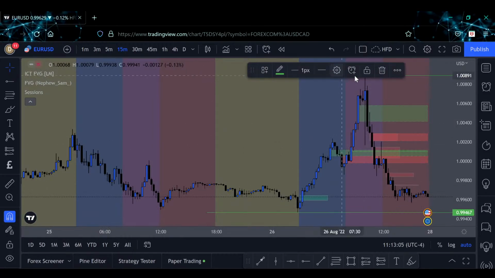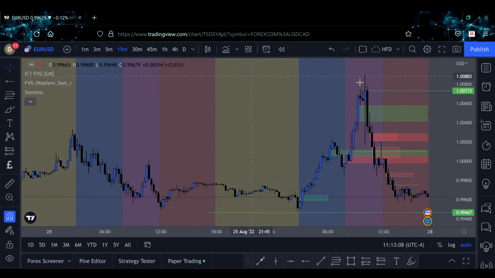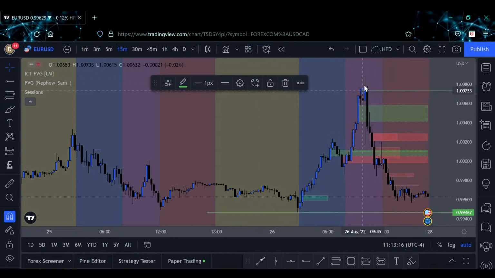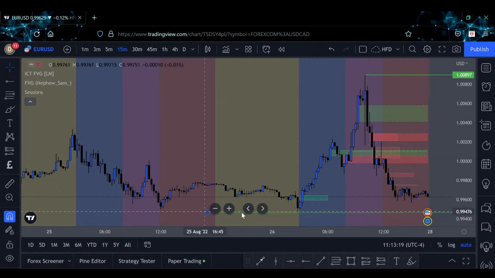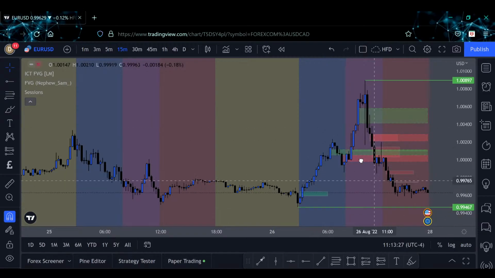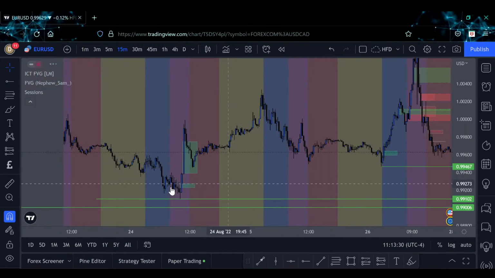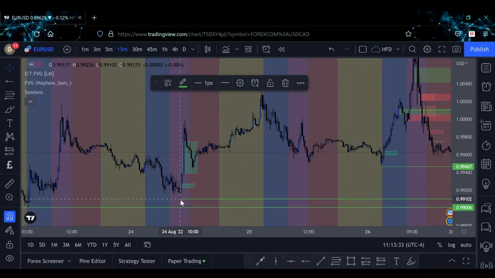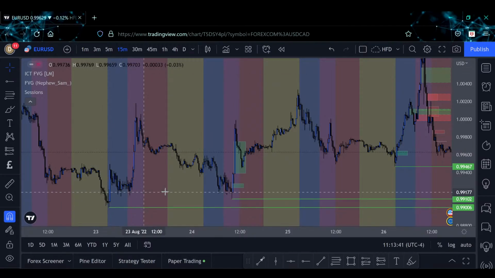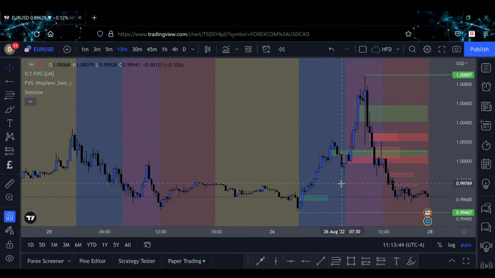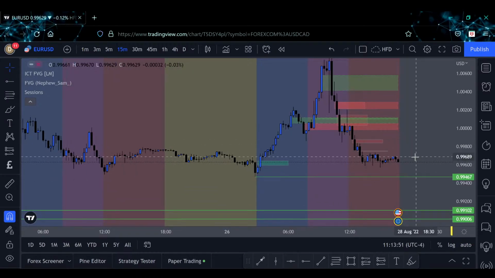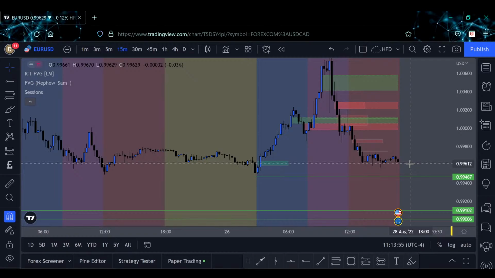And the lower time frame is looking quite bearish as well.